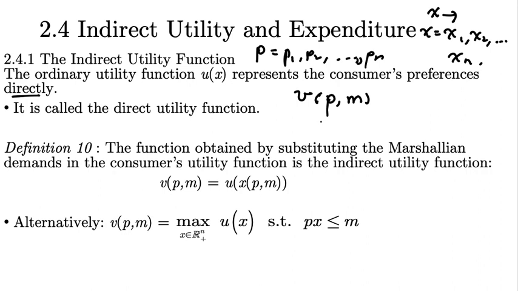How do we get an indirect utility function? The first thing that you did previously was solving the utility maximizing problem. Remember, we have the optimization problem. And after that, you find the individual demands for goods given the prices he faces and also his income.